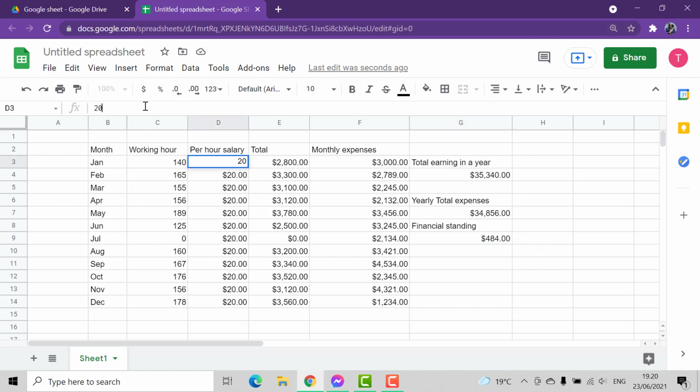Let's say it's not 20. Let's say it is 35, and now you see there is more surplus. If this is 45, there is more surplus, you see the numbers are increasing. So this way you can actually navigate through your finances.